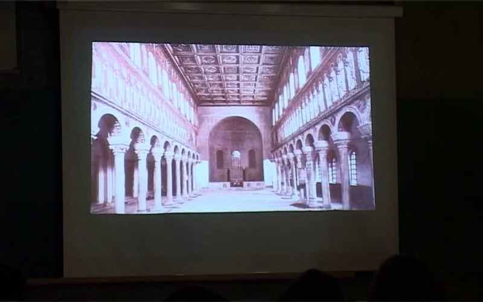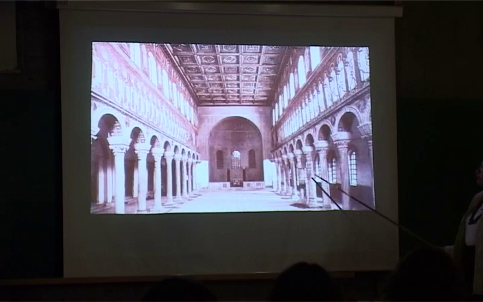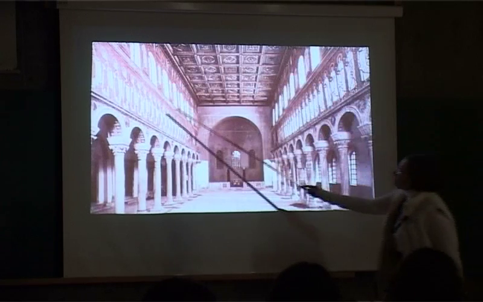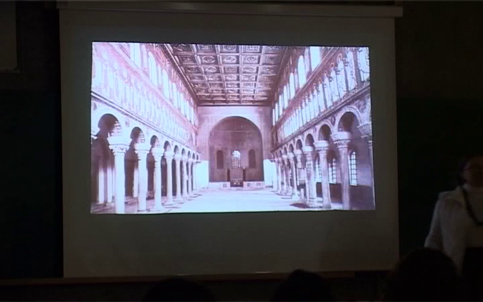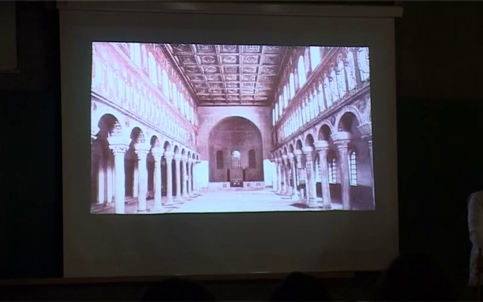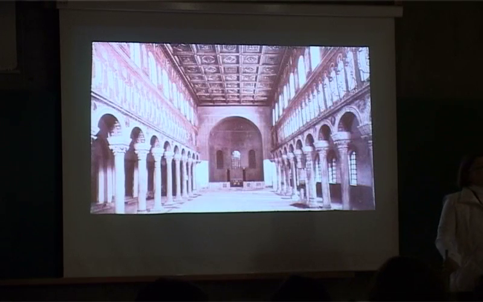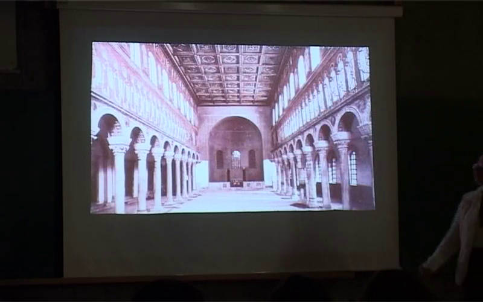But just like San Apollinare in Classe, the San Apollinare Nuovo also has some superb examples of mosaic. The mosaic art gives a splendid example of the marriage of art and architecture.